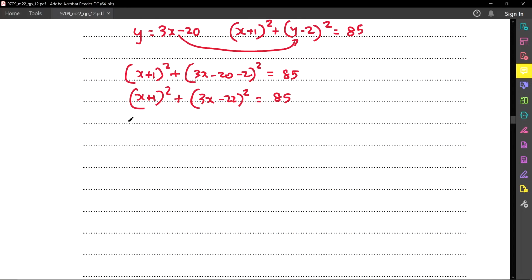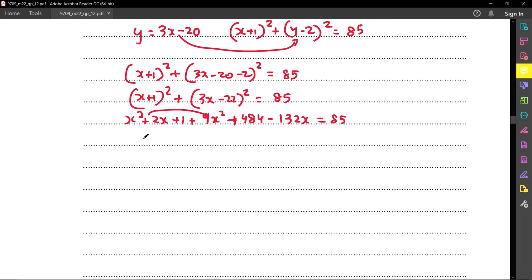Expand this, and we get x² + 2x + 1 + 9x² + 484, since 22 squared is 484. You can please use a calculator. And 2 times 3 is 6, 6 times 22 is 132, so minus 132x equals 85.